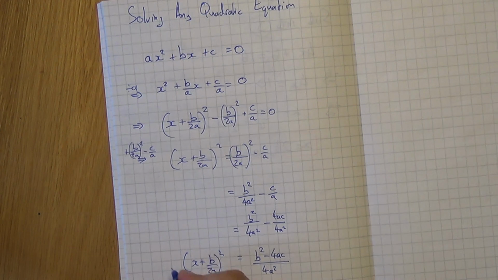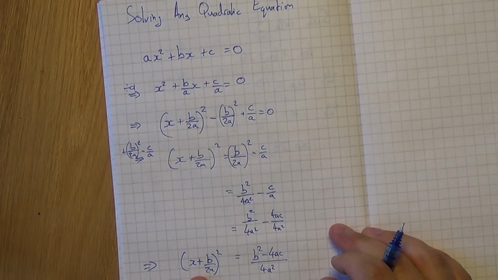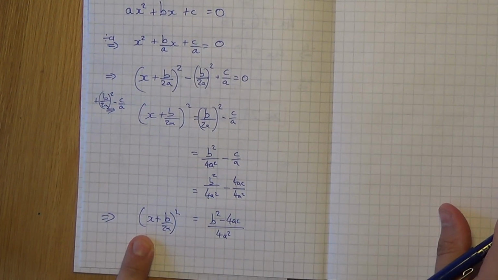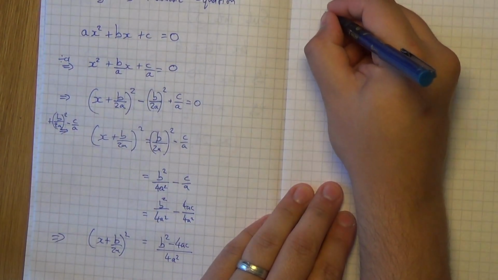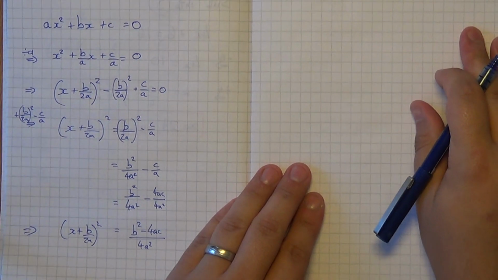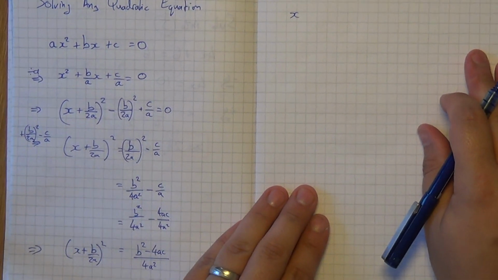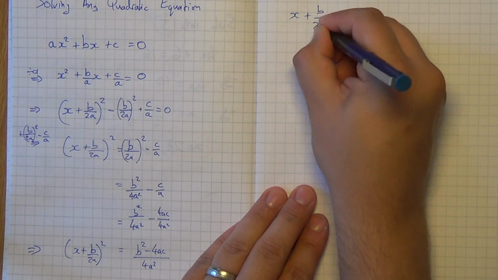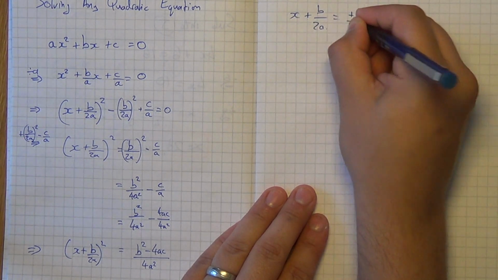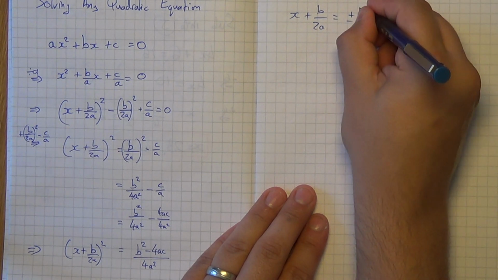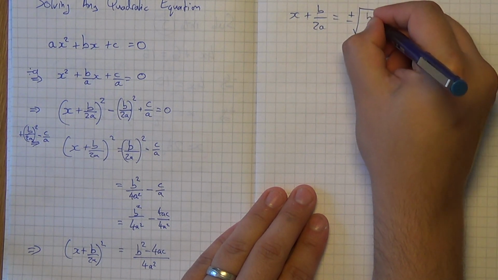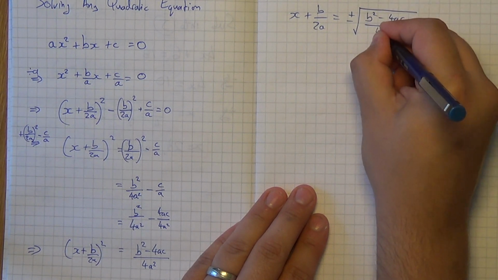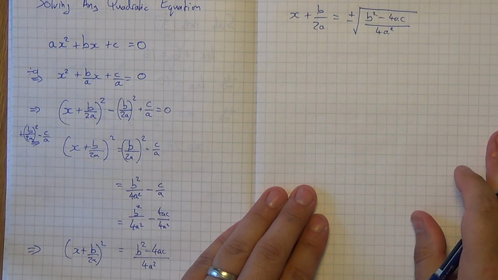Okay, we are trying to get this x over here by itself, so to get rid of this bracket I'm going to do some square rooting. So if I square root both sides, I get x plus b over 2a is plus or minus the square root of b squared take 4ac all over 4a squared.